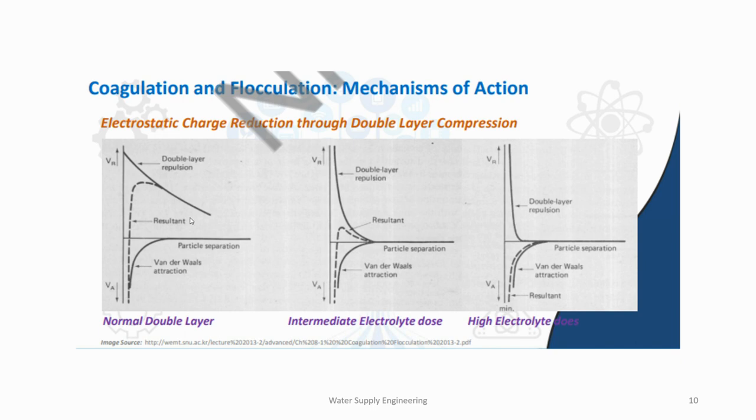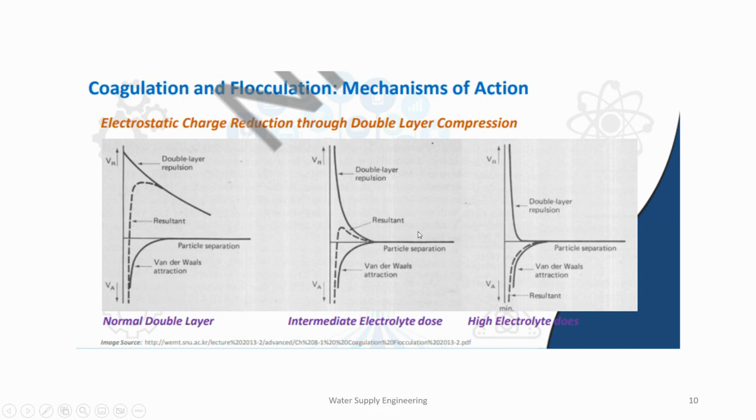So, in effect, in the normal state, the colloidal particles will not be sticking together or interacting together. But when we introduce an electrolyte, depending upon the dose of the electrolyte introduced, the second or third graph can be achieved.